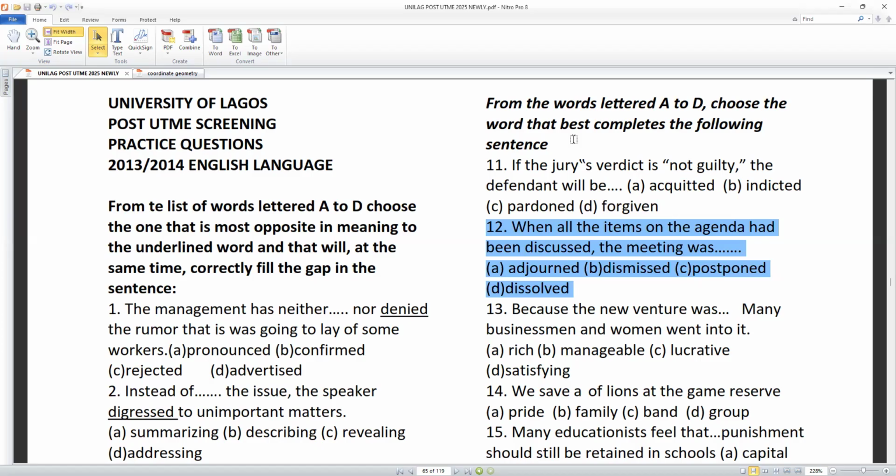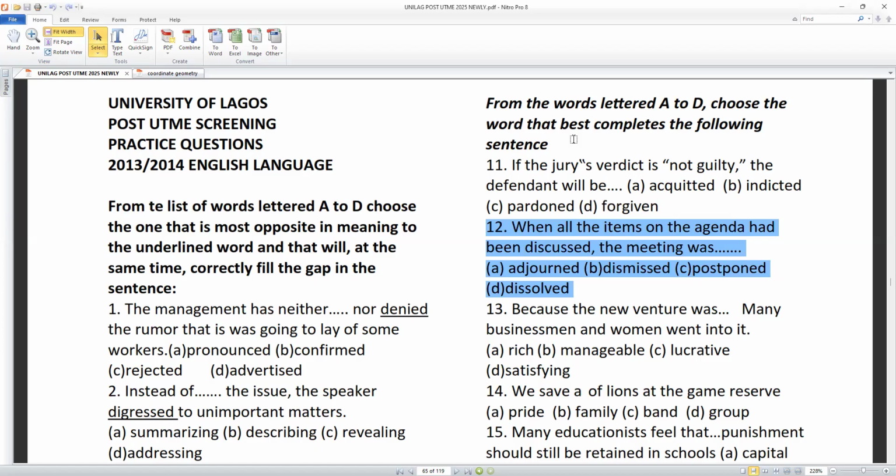But the question says all the agenda of the meeting has been discussed, and it did not say something happened within the meeting. Now we have dissolved. No, you can't dissolve a meeting; rather, you adjourn a meeting. So the right answer is A, adjourned.